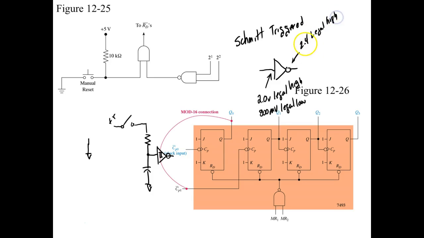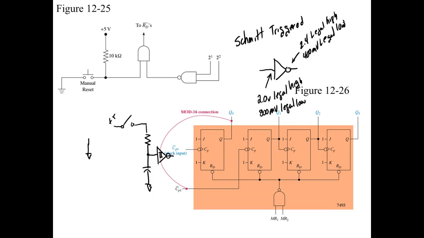We've talked about this several times, right? And it guarantees around 400 millivolts as a legal low. So we built into these things a 400 millivolt safety margin between what the outputs guarantee and what the inputs will accept. So when we look at legal levels, we look at the outputs, not the inputs, because if your outputs are legal, your inputs are bound to be legal, right?